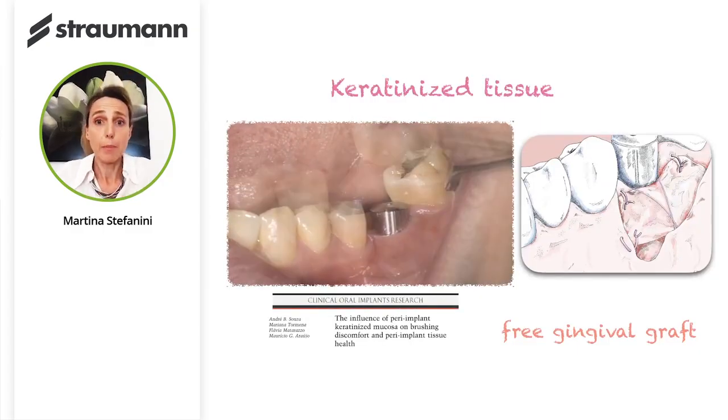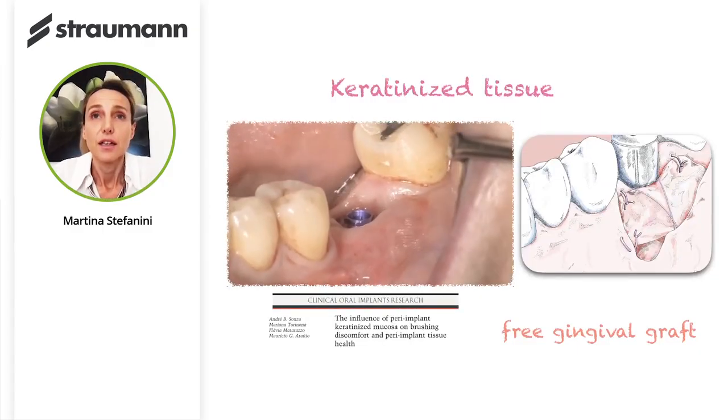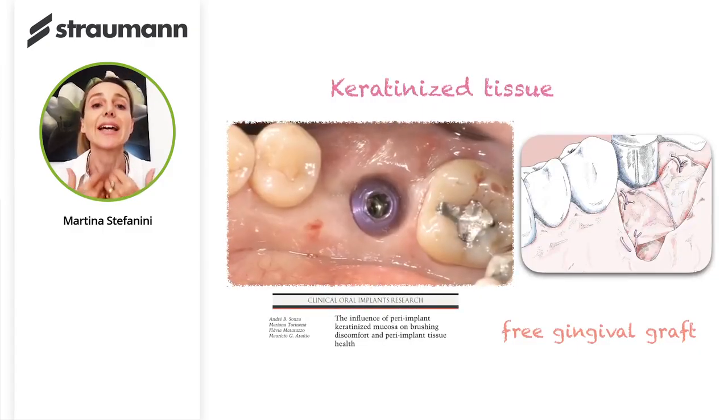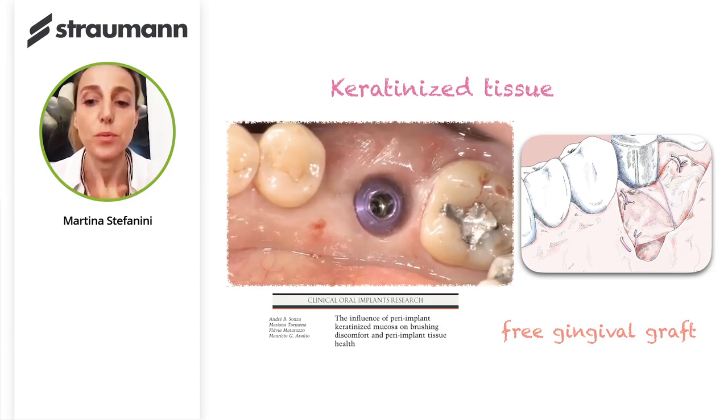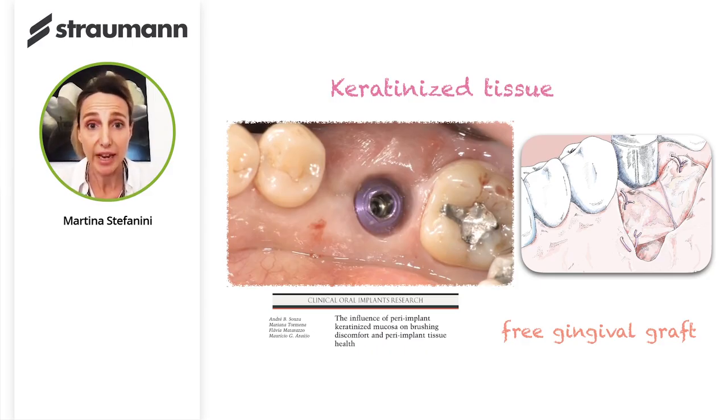So when we speak about techniques that aim to increase keratinized tissue, we speak about the free gingival graft, which is the most predictable technique to obtain this outcome. This outcome means an increase in a stable band of keratinized tissue, which is the aim of this technique.